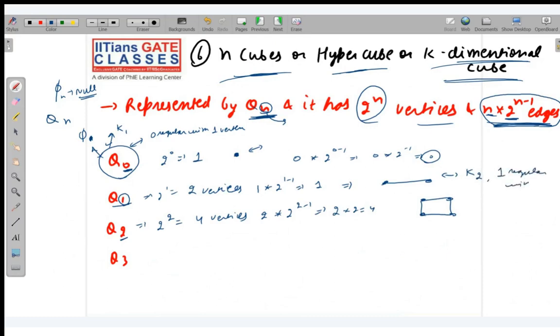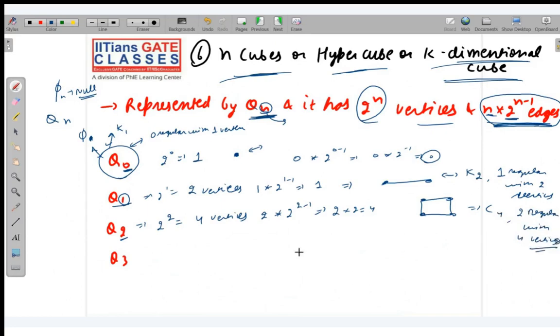Okay, you should know all these things. How Q1 is looking like? It is looking like cycle graph of 4 vertices, C4, and it is 2 regular with 4 vertices.